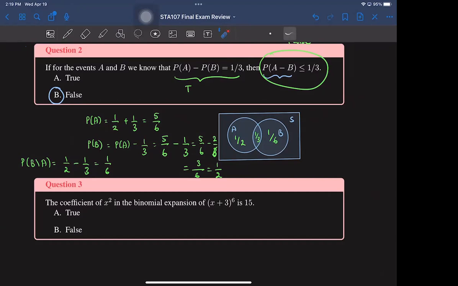Either you choose true or false, you should be able to explain why you chose it. Since 6 choose n will never result in 15. That's partially true.